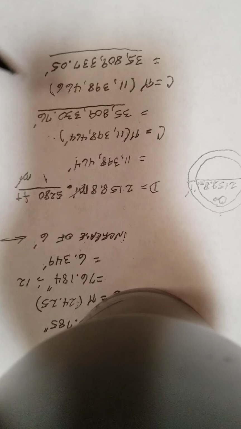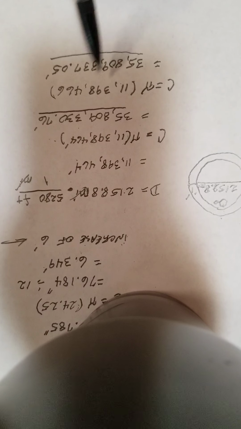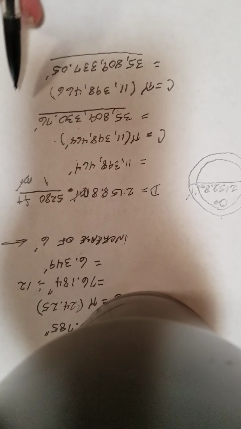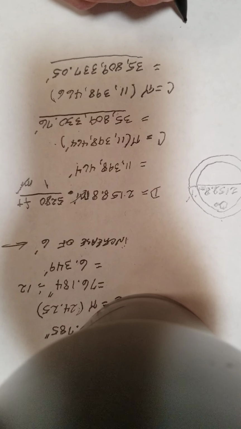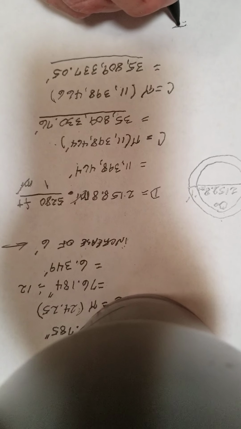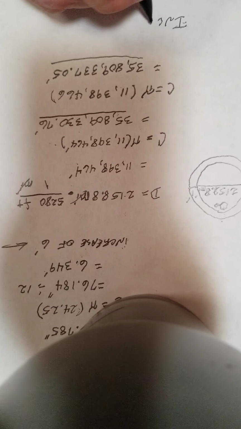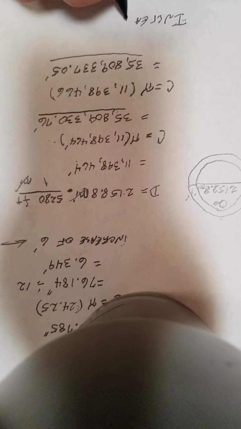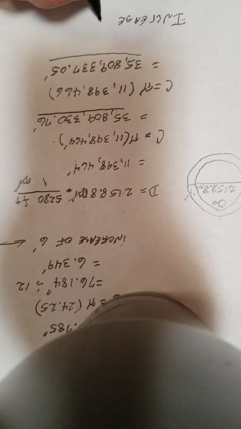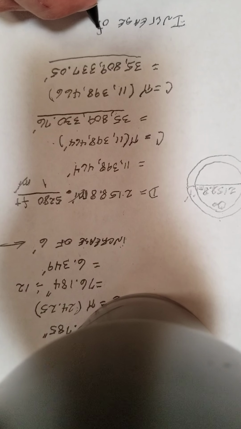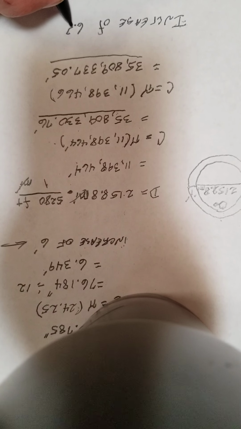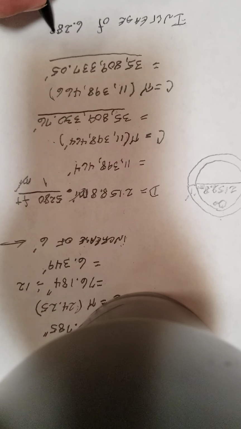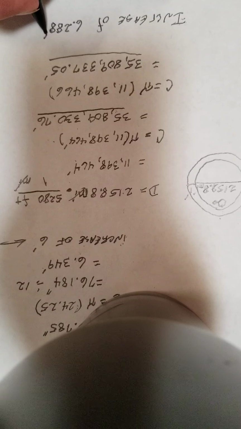All right. Now, we subtract this number, which is a smaller number, from the larger number. And when we do that, our difference now, we've got an increase of 6.288 feet.